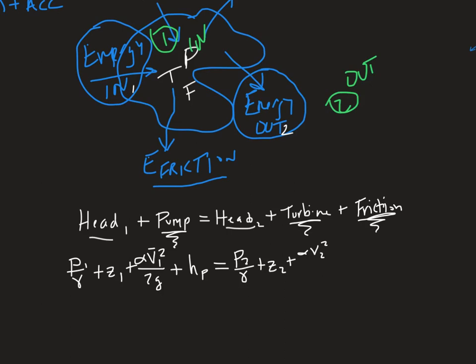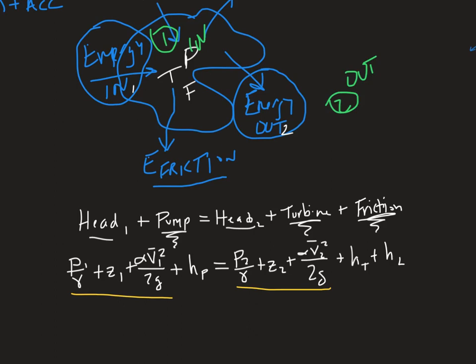So again, it looks a lot like the Bernoulli, and we're going to talk about that bar in a second. Notice we're using everything as heads. So we've got head of the pump, head of the turbine, and now head loss due to friction. I know you wanted it to be HF, but unfortunately it's not. So it's just head loss, and you'll see why. We're going to split that apart later.